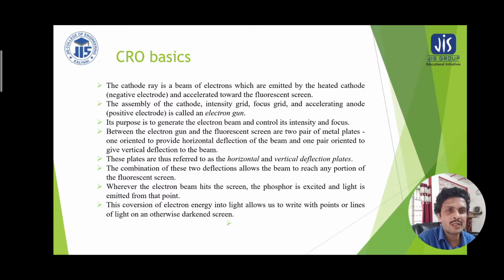All this information generates the electron beam, and the electron beam is deflected within the fluorescent screen, so that the impression of the signal can be visualized on the other side of the fluorescent screen. So this is the cathode ray oscilloscope.